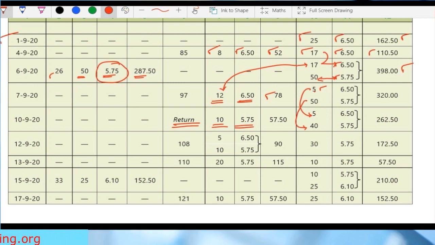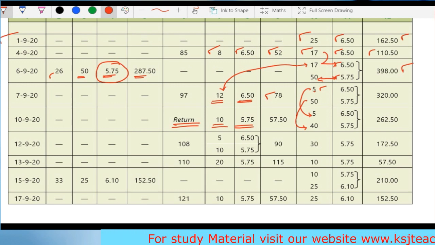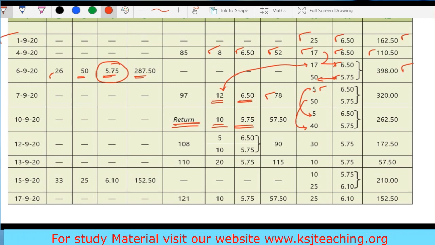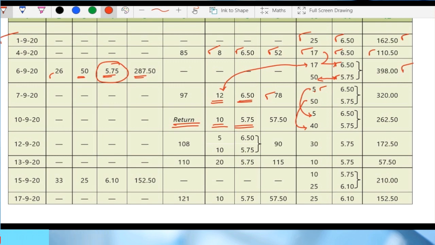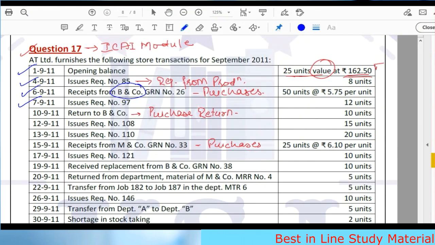If you are returning the material, you bought the material, you find out that it is not up to the mark, the quality is not there, or the material is damaged, and you want to return it, then the return will be at the rate at which you purchased it, out of that stock only. In that case, first in, first out will not apply. Clear?